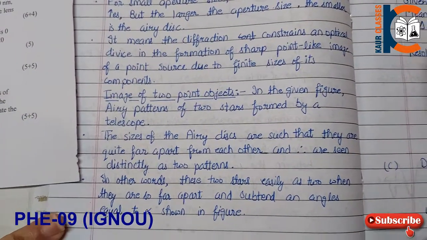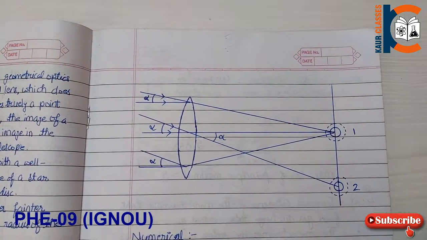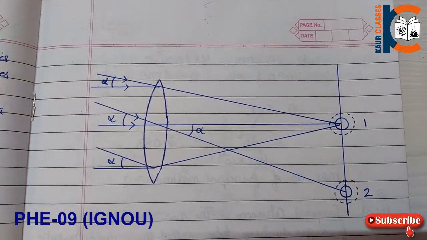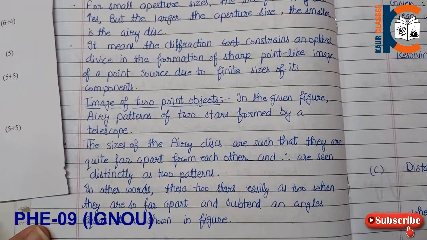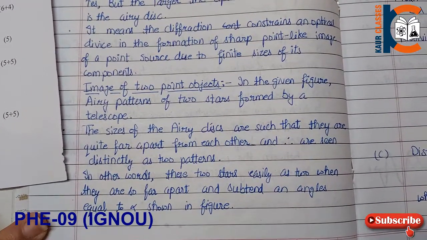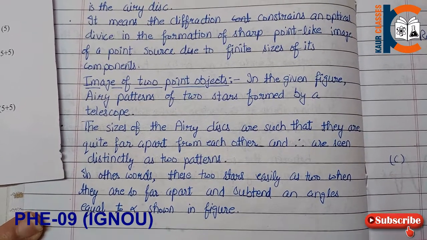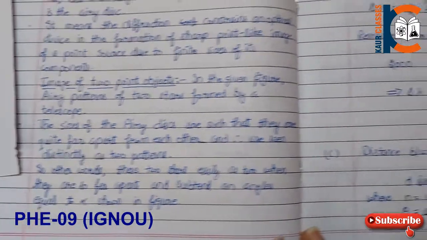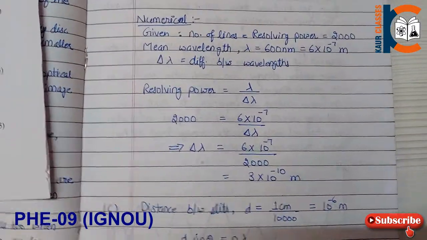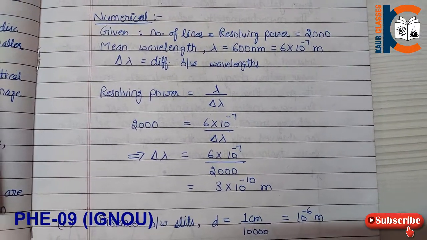You can see the airy disks are quite far apart from each other, and therefore they are seen distinctly as two patterns. In other words, these two stars are easily seen as two when they are far apart from each other. For this we also calculate the numerical.